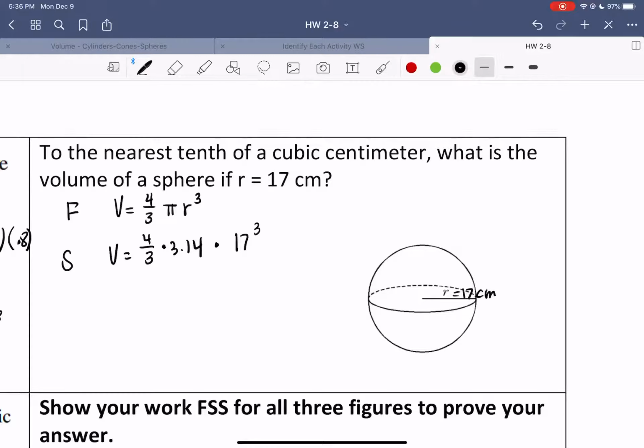When you put it in your calculator, 4/3 times 3.14 times 17 to the third power, 17 cubed.